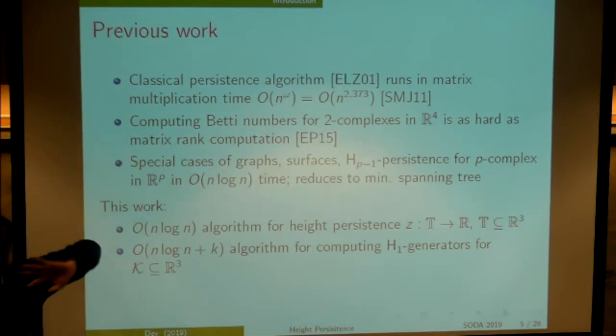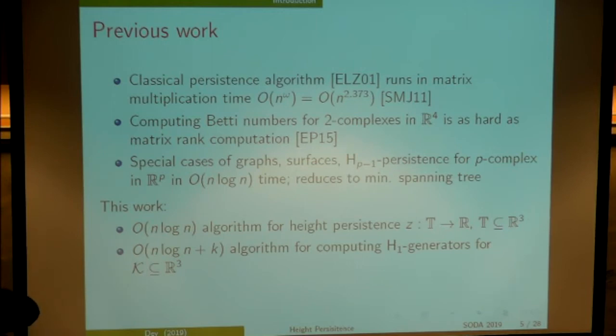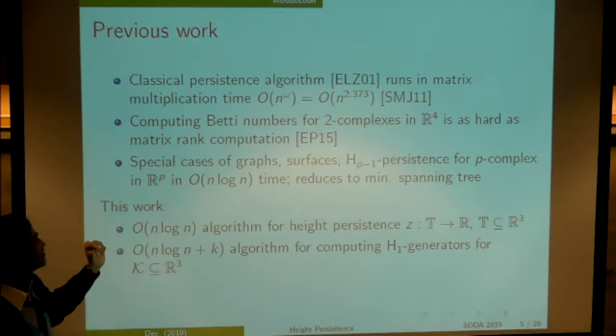So this is a bottleneck. This already gives a roadblock on computing persistence already in R4. But then I ask the question, what about R3? Because R3 is where we have lots of applications, and I give at least some positive answers for the R3 case. By the way, here are some of the special cases.